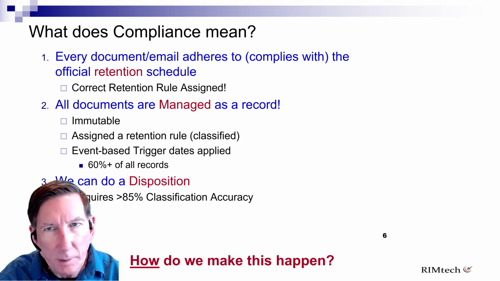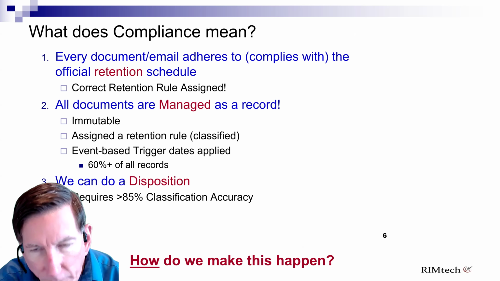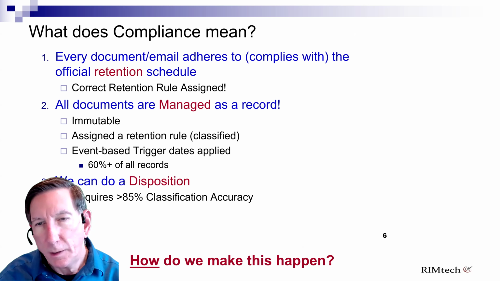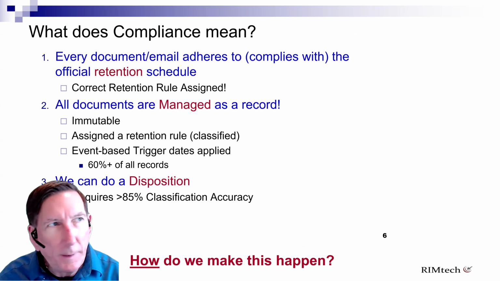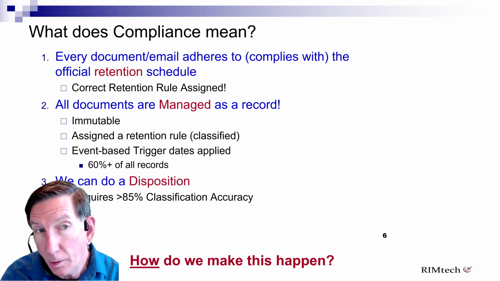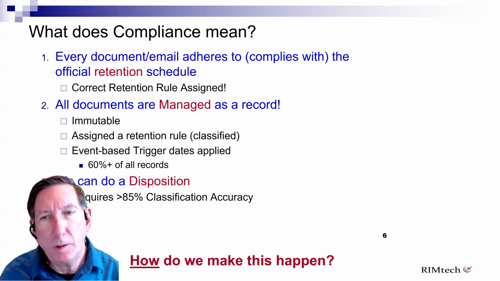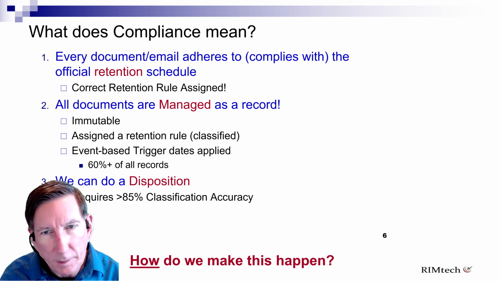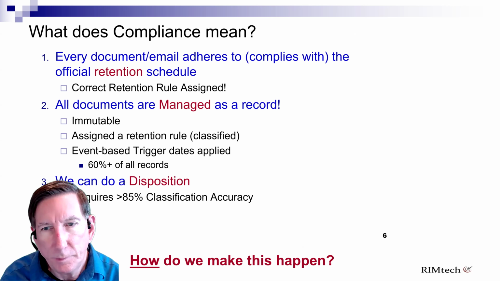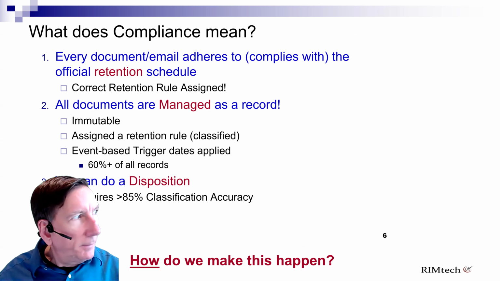If all of the above is true, then we can finally get to number 3, which is the ultimate test of compliance. Can you do a disposition? In my opinion, 90, maybe even 95% or more of all EDRMS projects on this planet cannot do a disposition, which is the ultimate failure of an EDRMS. Let me put it the other way.